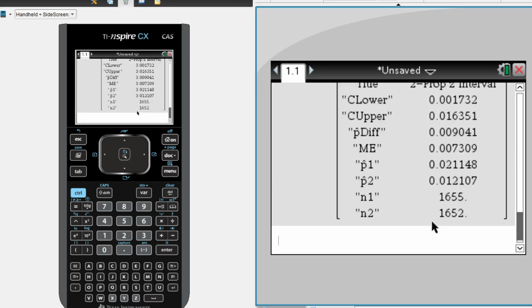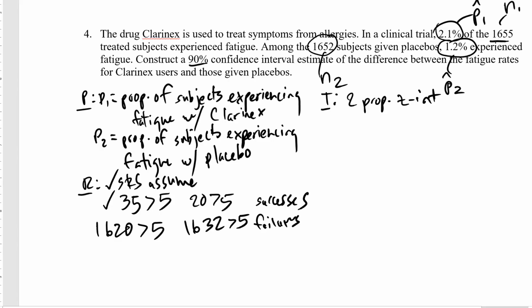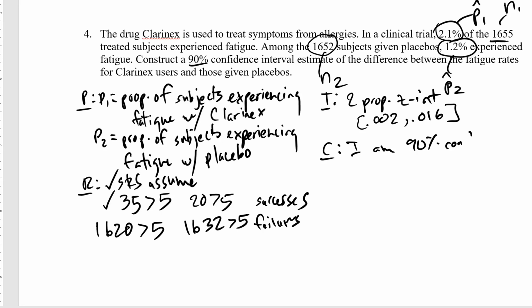What do I need to write down? Lower, upper, 0.002, 0.016. I am 90% confident that, what do we do whenever I do a confidence interval?